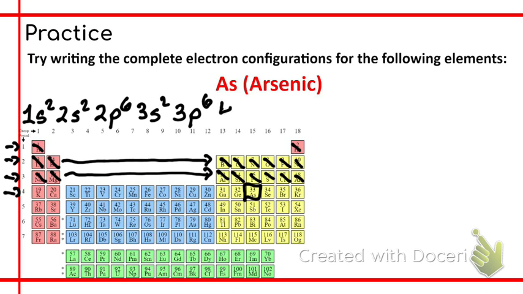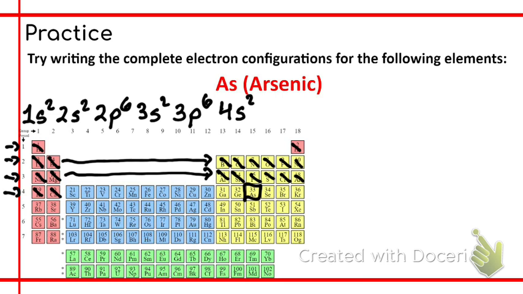We move on down to our next row. We are now in row 4. We enter into our S block, and it is able to hold our 2 electrons. Now, remember, this middle block, this blue section, is going to be our D block. Whenever we enter into our D block, we have to drop down a row number.